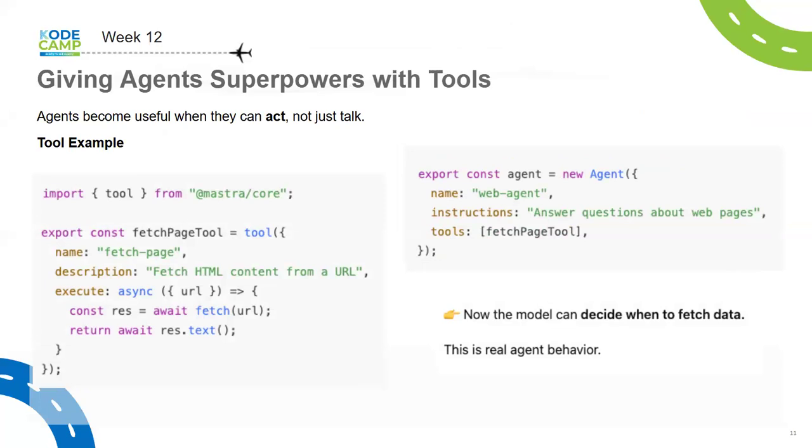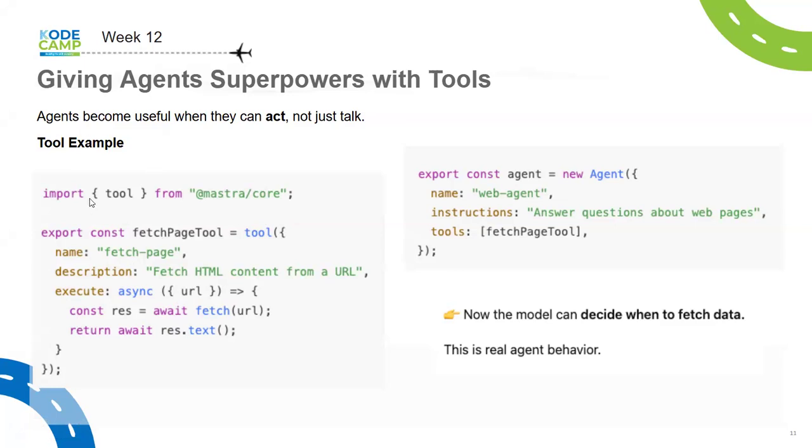When you now want the agent to be capable of doing things, not just telling you things, then you bring in the tools like we have seen. And you can see the definition of a tool in Mastra is pretty straightforward. You use this createTool function, which you bring in from Mastra Core Tools.